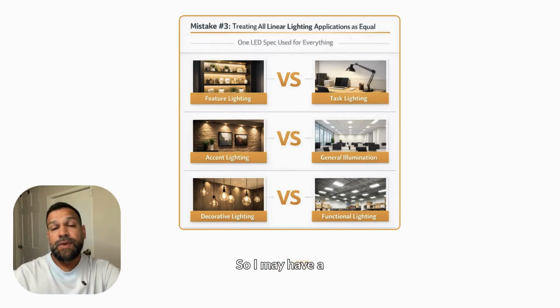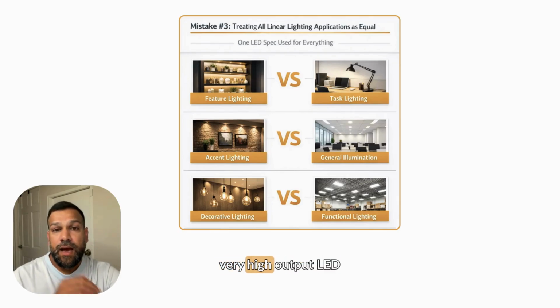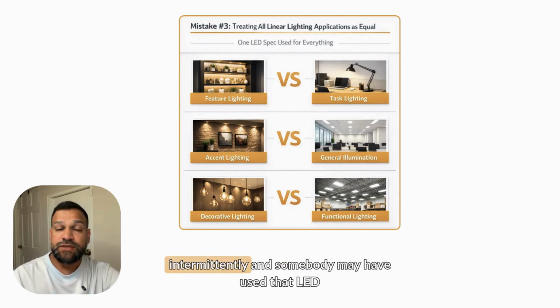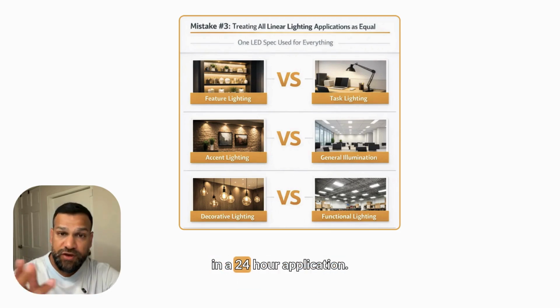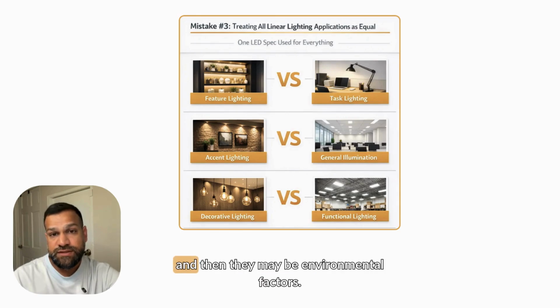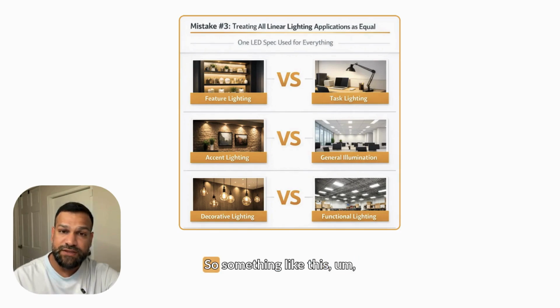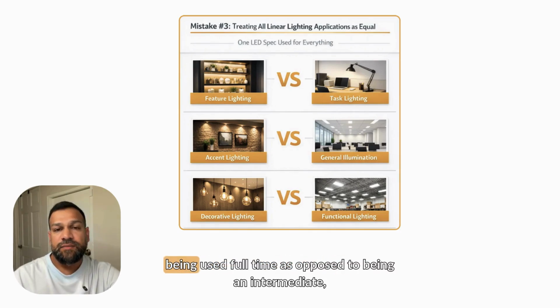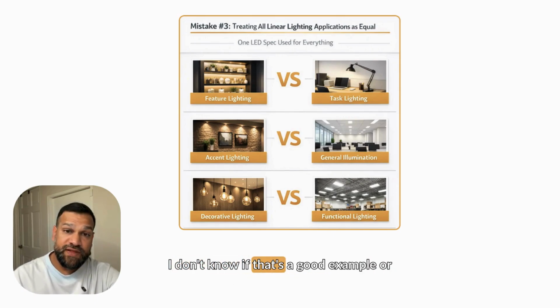So I may have a very high output LED that's meant to be used intermittently, and somebody may have used that LED in a 24-hour application. That product could undergo different stress, and then there may be environmental factors, like it's a really hot space, being used full time as opposed to intermittently. I don't know if that's a good example.